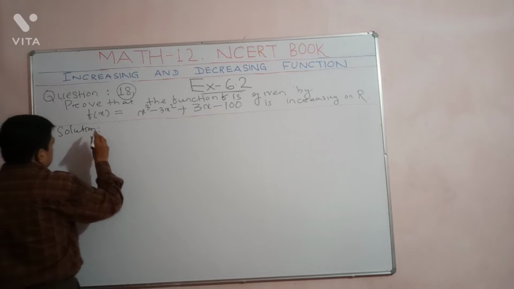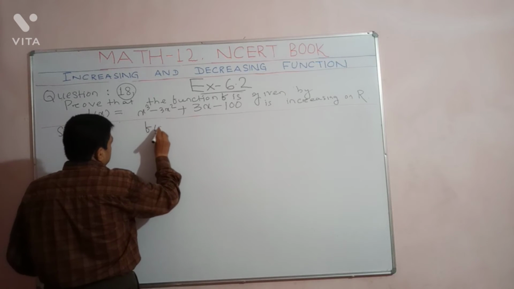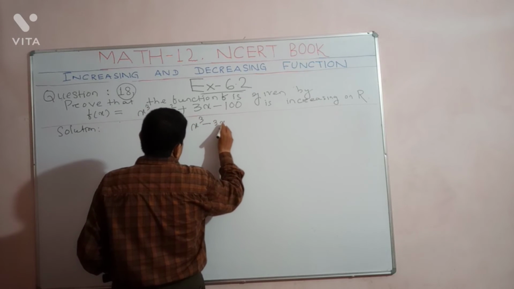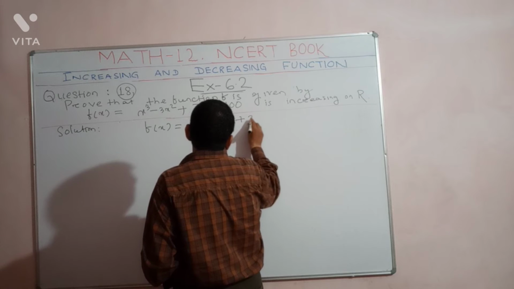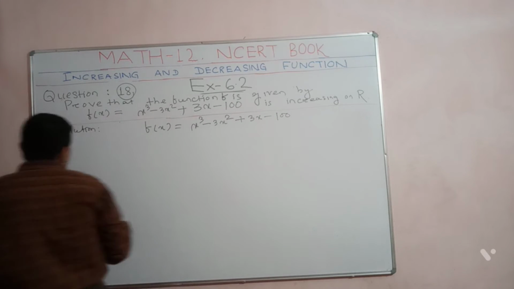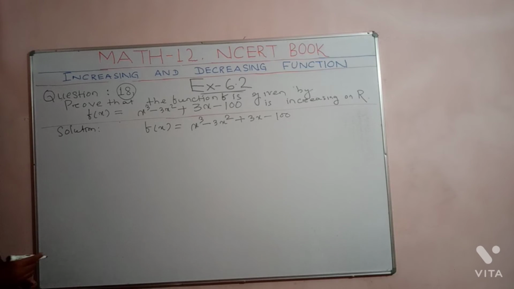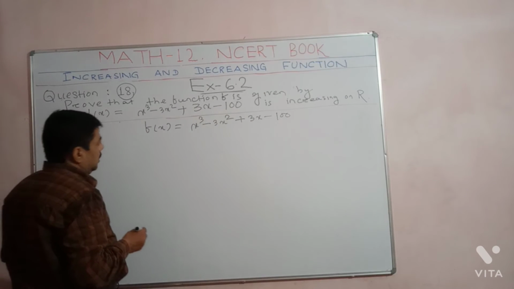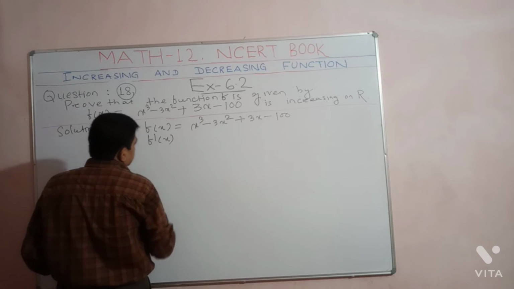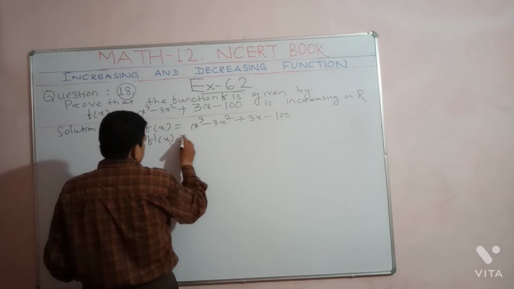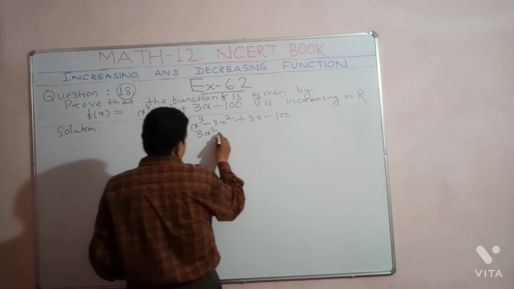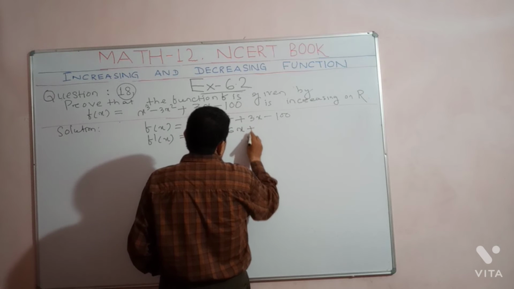First of all, see here the function f(x) given. What is the function given? x cube minus 3x square plus 3x minus 100. In order to find the increasing function on the set of real numbers R, you have to find out the slope by finding the derivative of the function f(x), which is f dash x, and that is equal to the derivative of x cube, 3x square, and minus 3x square derivative is minus 6x plus 3.